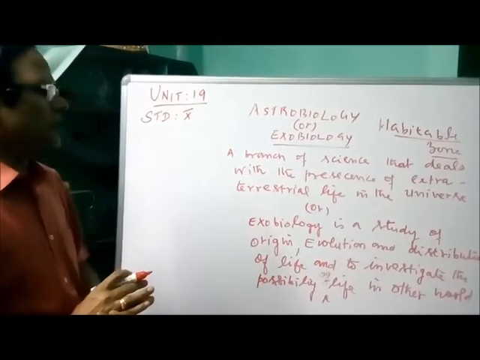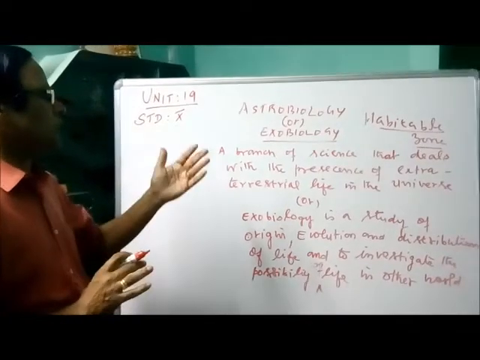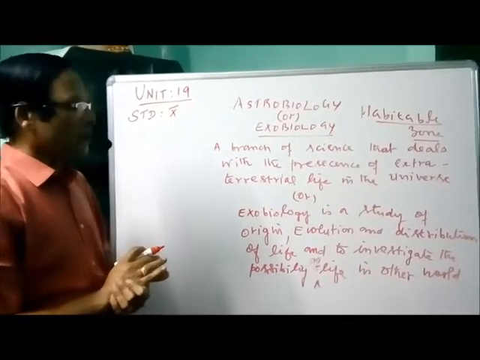This concept explains that any planet can support the existence of life. That is the concept behind astrobiology, and that is what is called the habitable zone.